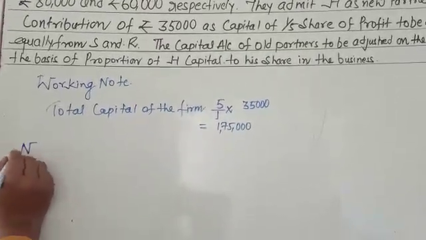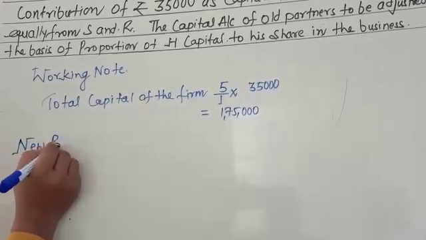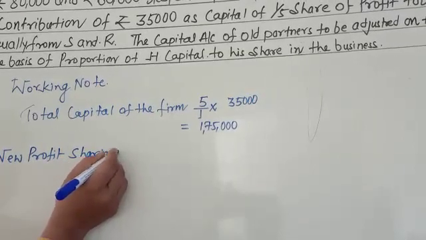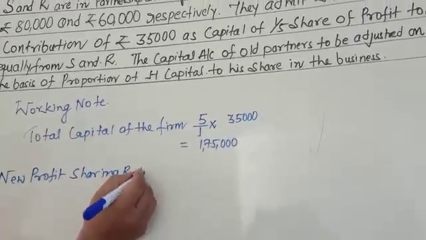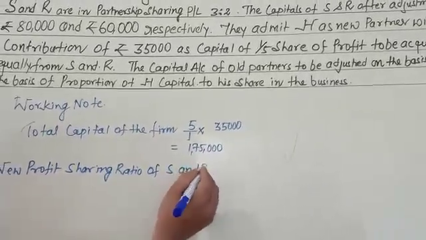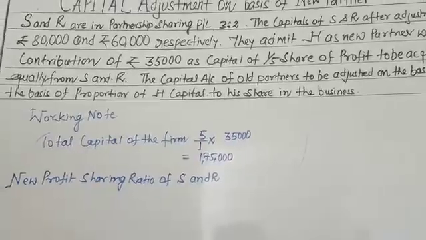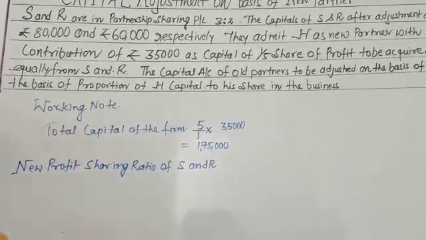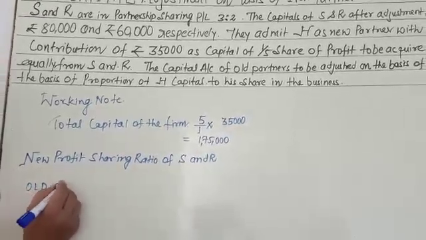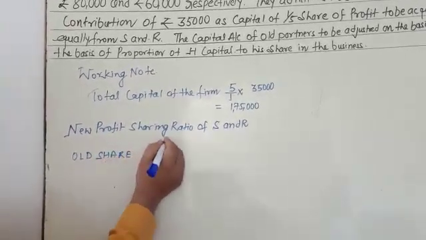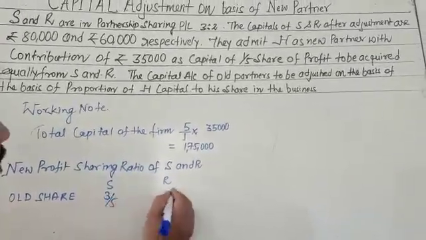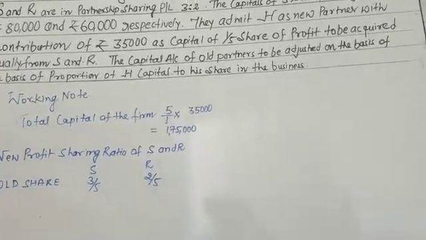You have to calculate the old share of S and R. S's old share is 3/5 and R's share is 2/5.